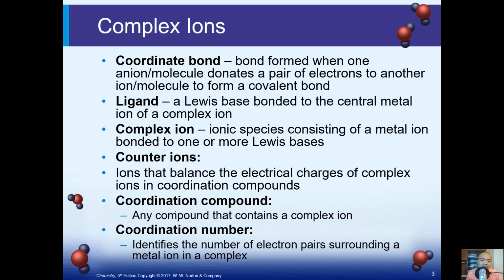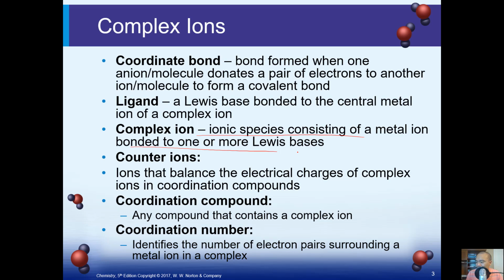What is a complex ion? A complex ion is an ionic species consisting of a metal ion bonded to one or more Lewis bases. What about counterions? Counterions are ions that balance the electrical charges of complex ions in coordination compounds.